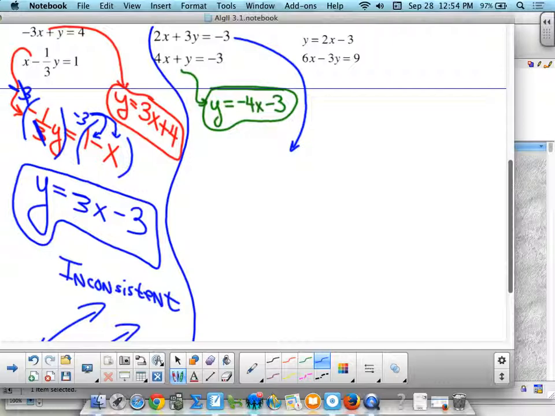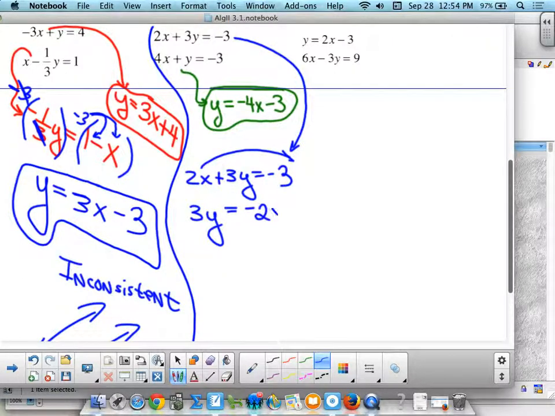Top equation, move that over. So 3y equals, right? Divide by what? 3. Y equals, divide by 3. What are you getting? 2/3 x minus 1.